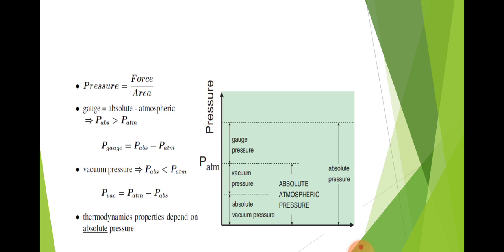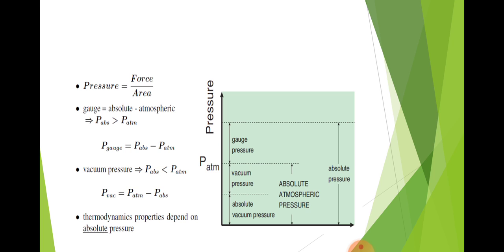A vacuum gauge attached to the condenser measures the difference between the atmospheric pressure and the pressure inside the condenser, but in actual the pressure in the condenser is less than the atmospheric pressure.